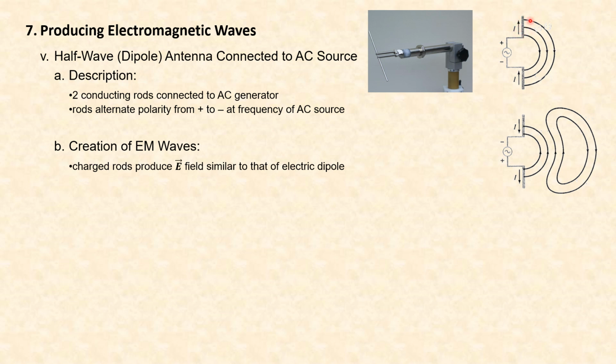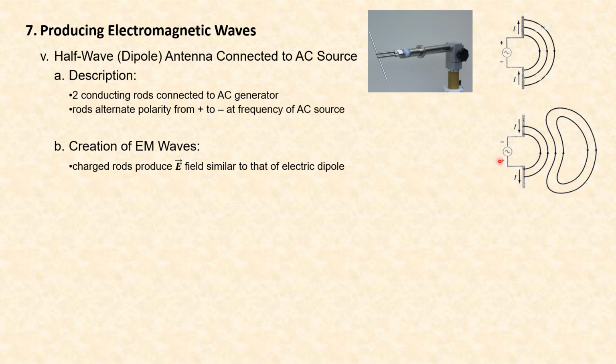If I think of this top rod as positively charged and this bottom rod as negatively charged, we know that the electric field lines go from the positive charge to the negative charge, really in this case from the positive rod to the negative rod. Now half a cycle later, when the current switches direction, these electric field lines are reversed in direction.